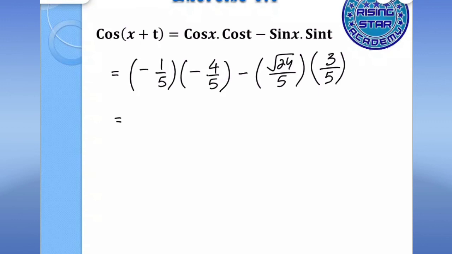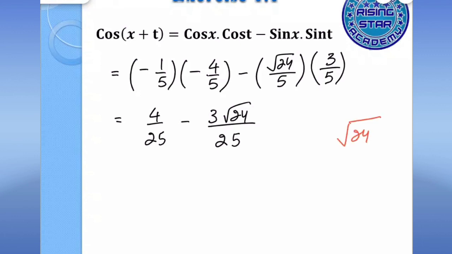Now I would simplify. So that would become 4 over 25 minus 3 times square root of 24 over 25. Square root of 24 we can also simplify like this. 24 would be 4 times 6. So square root of 4 would become 2 and 6 would be written as it is.